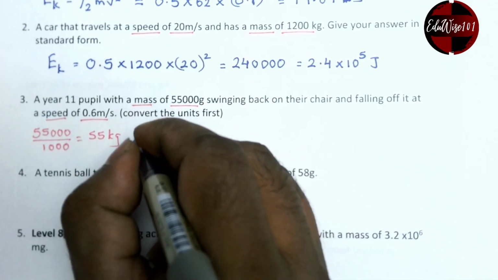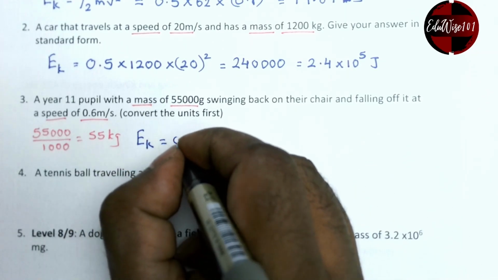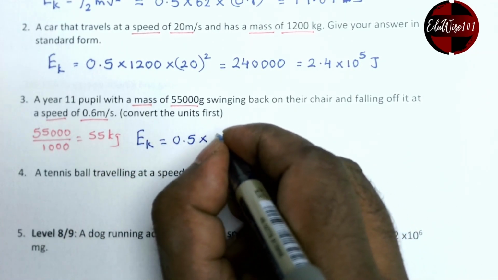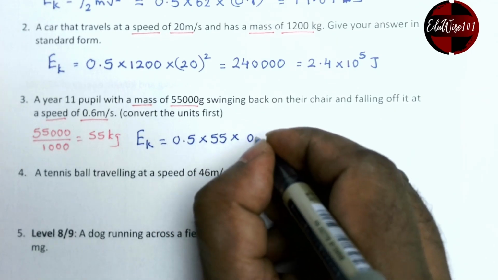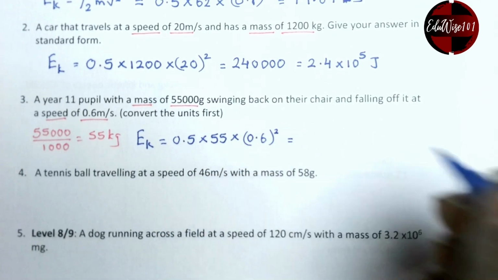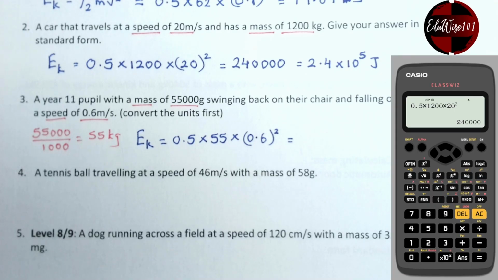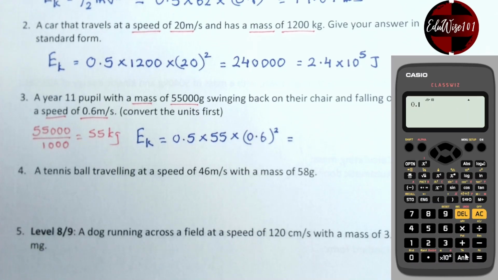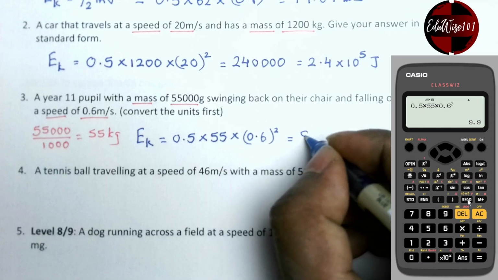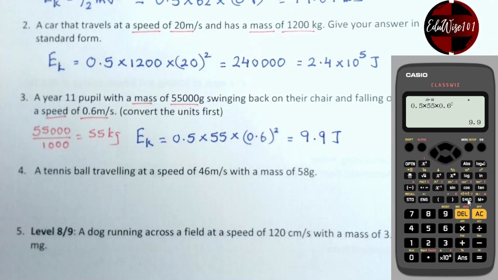So the kinetic energy EK is going to be 0.5 times 55 multiplied by 0.6 squared. That should be equal to 9.9 joules.